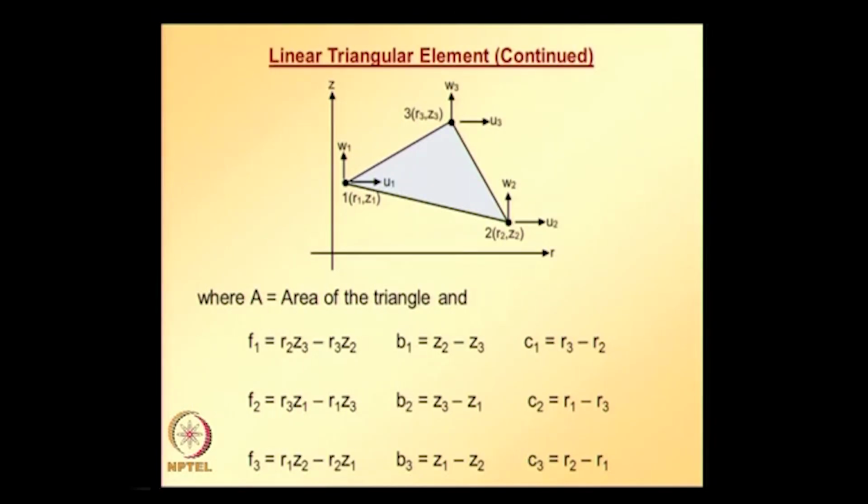Area of the triangle can also be easily computed using the relation that area is half times the determinant of the matrix consisting of ones in the first row, the r coordinates in the second row and the z coordinates in the third row, of all three nodes.